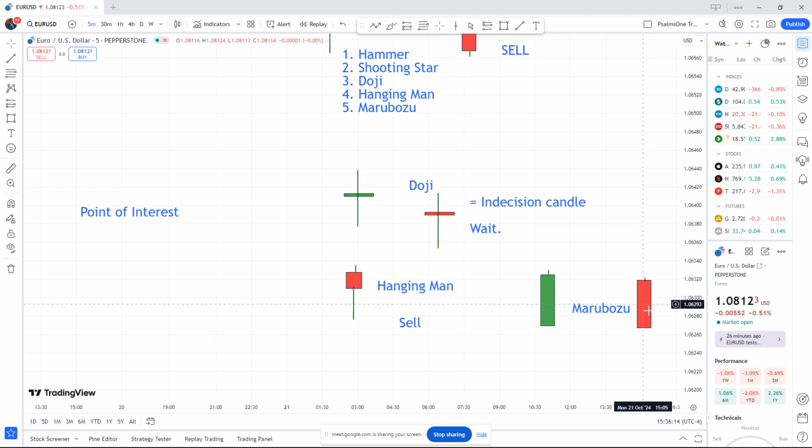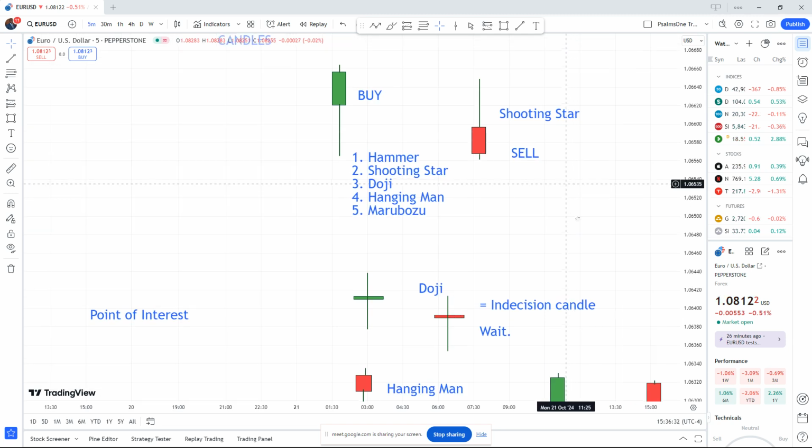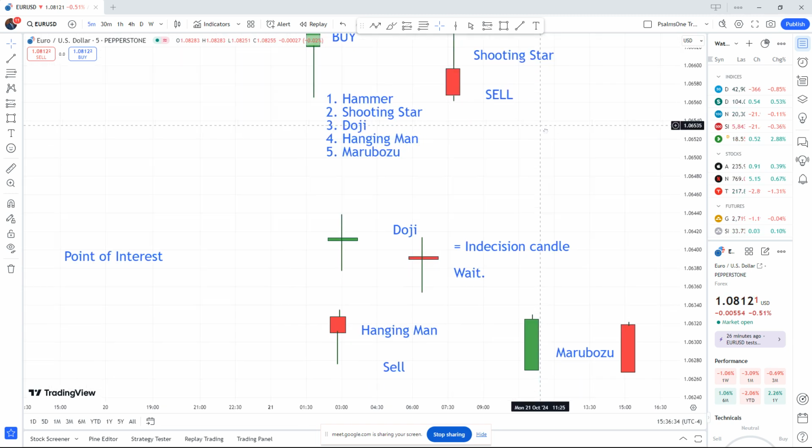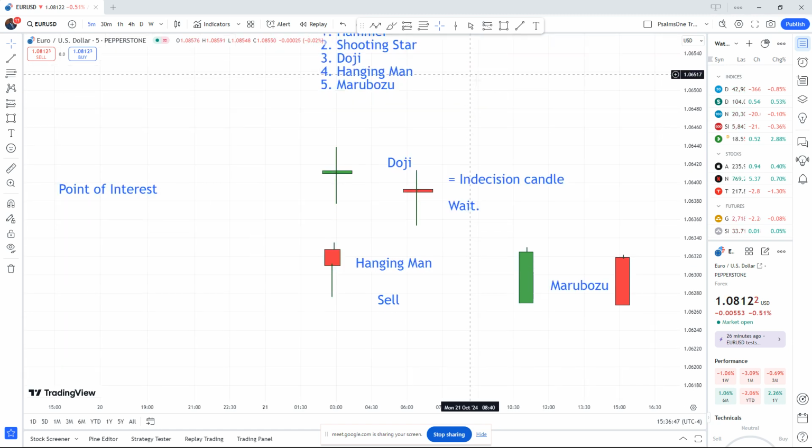So the next one I'm going to explain is Marubozu. This Marubozu can be two colors. It can be green and it can be red. Some people will say it differently.